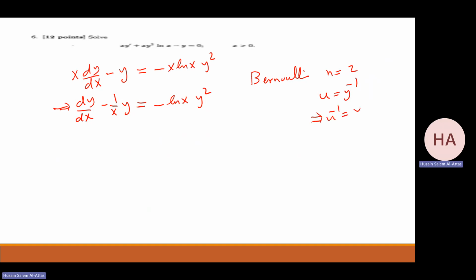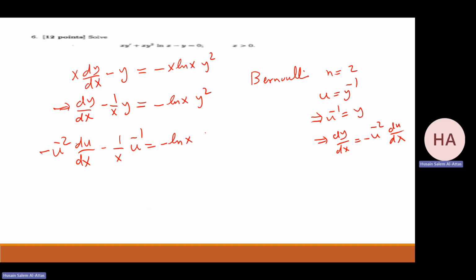So u is y to the minus 1, so u to the minus 1 equals y. So you have dy over dx is minus u to the minus 2 du over dx. Multiply here, I have minus u to the minus 2 du over dx minus 1 over x u to the minus 1 equals minus ln x u to the minus 2.